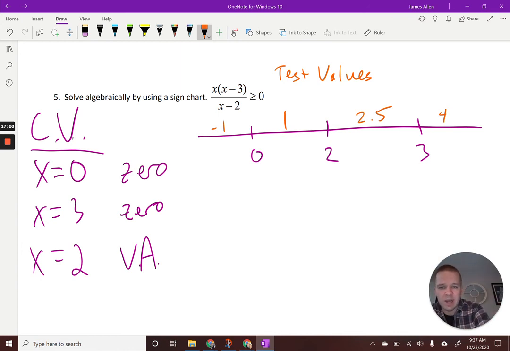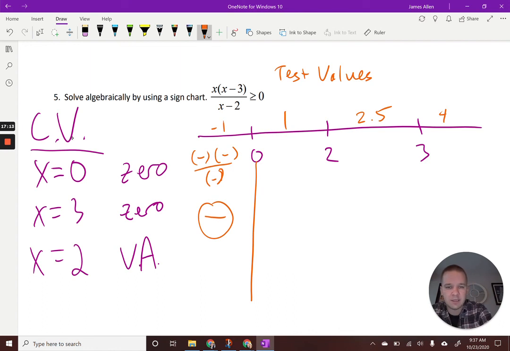So when I plug -1 in, I'm going to have a negative over a negative, which is overall negative. Then for my 1, I'm going to have a positive for the x. I'm going to have a negative when I plug it in with the x minus 3. And then I'll have another negative here. So that's overall positive.